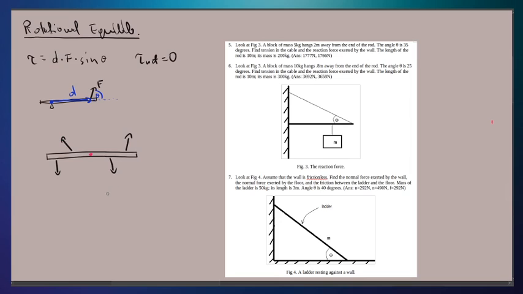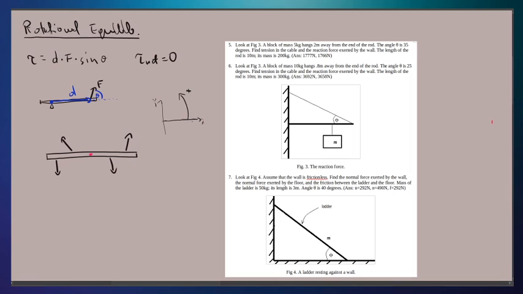Each one of these forces will contribute to an overall torque. Each one is going to generate a certain torque, and each is going to be either positive or negative. The convention is, let's say we have this coordinate system, this is X and this is Y: if you have a counterclockwise rotation, then the torque is positive.